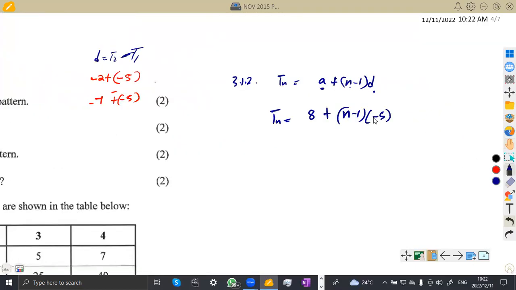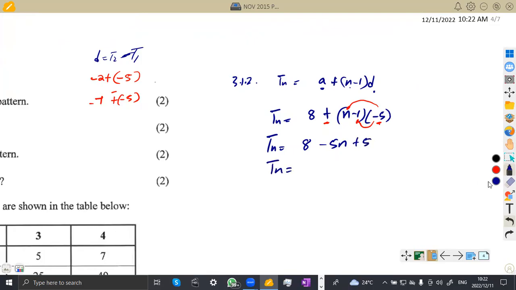Actually, there are so many ways of doing this. I'll work them out with you so that we can be able to understand them on separate videos. So our Tn is going to be 8 plus here the negative. So it's plus and negative, that's a negative. So negative 5 times n, that's minus 5n. We move on, negative 5 times negative 1, that's a positive 5.